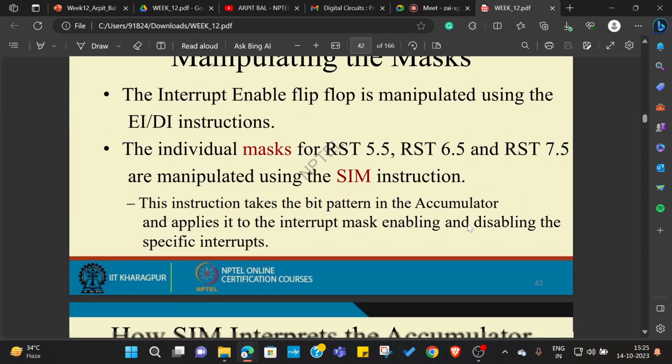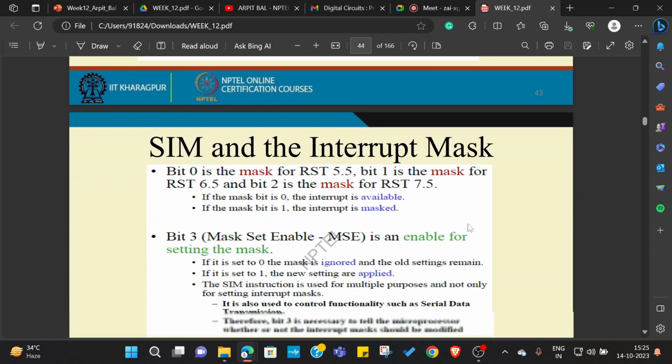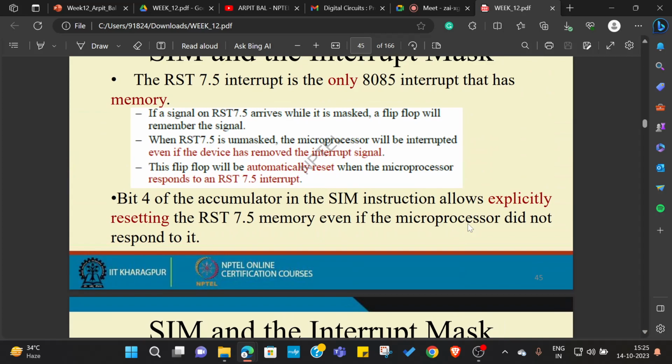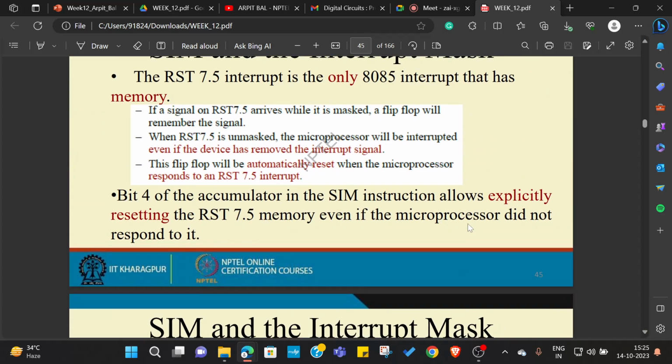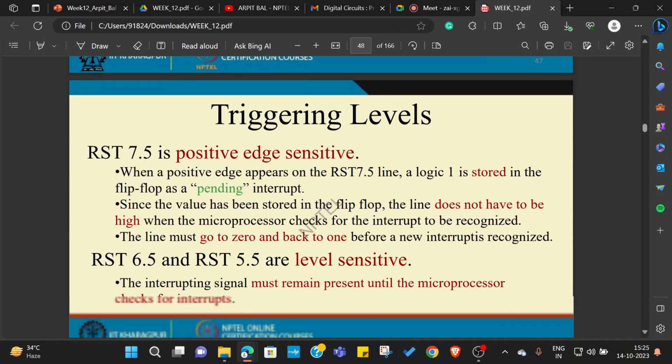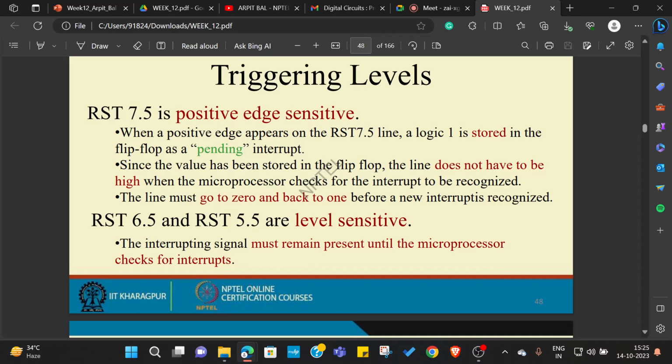Edge and level. Okay, RST 4.5 is edge and level. What is RST 6? Software. Okay.